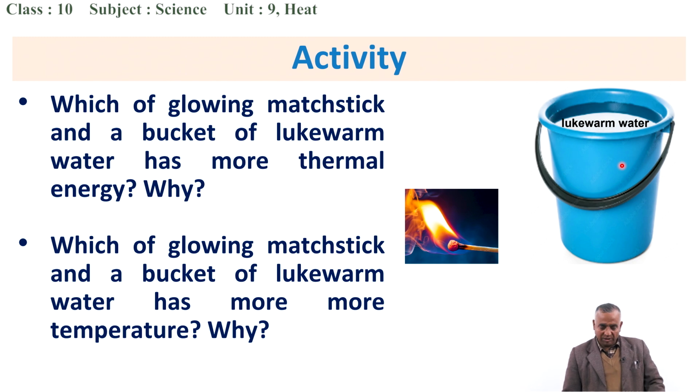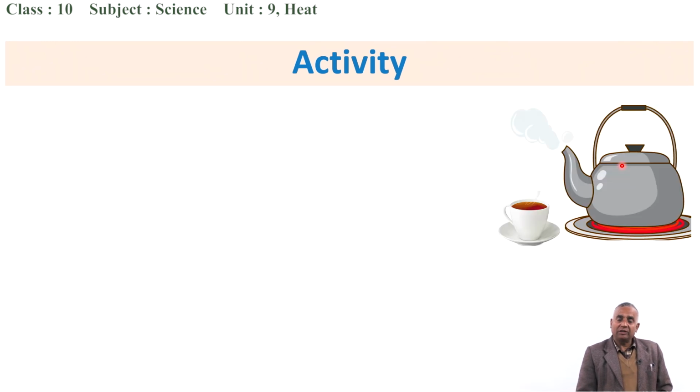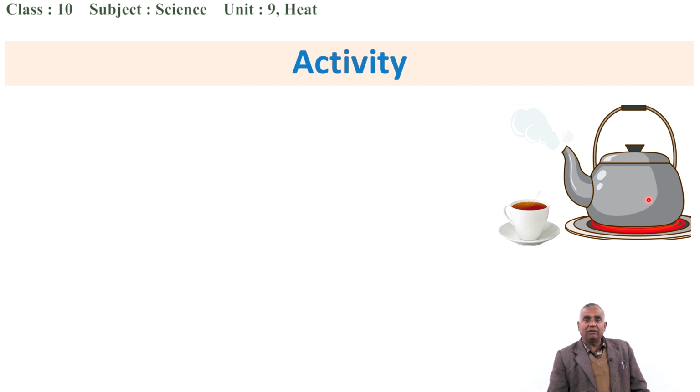Okay, by another example also, try to understand thermal energy and temperature. So here you are given a kettle in which tea is cooked. All of the ingredients required to cook tea are kept here, including sugar. And then a cup is poured here.